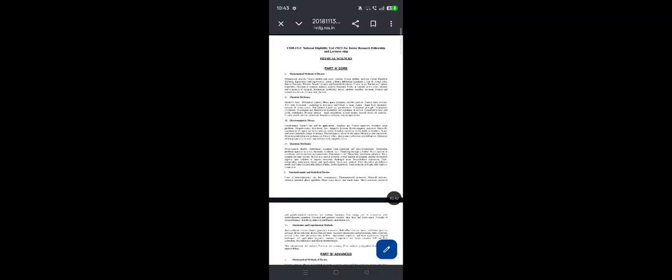So these are the syllabus. Mathematical methods of physics, classical mechanics, part A core. Okay, so this is more easy. The easiest part is part A core, that is mathematical methods of physics, classical mechanics, EM, quantum, and so on.